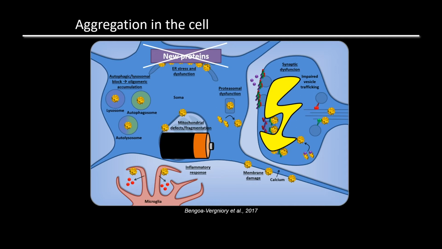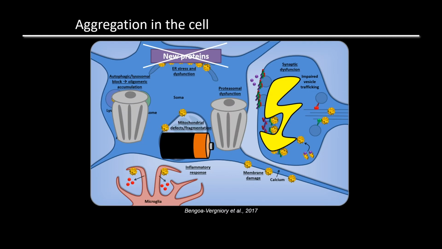If we think about the electrical impulses and the communication with other cells at the terminal of the neuron, this happens through a very delicate balance of very, very highly well-coordinated proteins and vesicles, and this is really disrupted by the presence of aggregates. Therefore, the communication is not as efficient. And finally, if we think about waste management within the cell, if we think about how these cells get rid of the old proteins, even some of the clumps, the bins, if you will, which are autophagy and lysosomes and lysosomal flux and proteasomal degradation, these are blocked by the clumps.